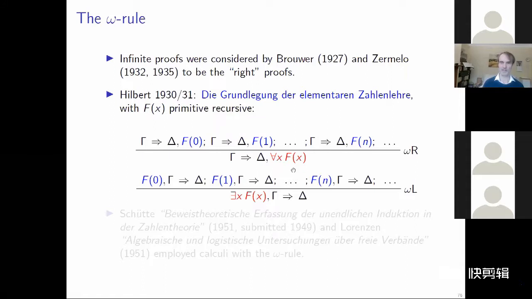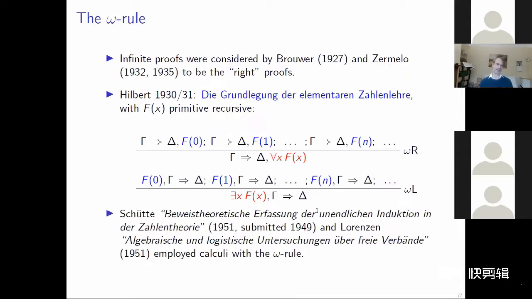So this is a rule with infinitely many premises, and a similar rule, because of the two-sidedness of this calculus, has to be there for the introduction of the existential quantifier in the antecedent. And Hilbert required that the formula F here shouldn't have a large complexity. He only allowed primitive recursive ones.